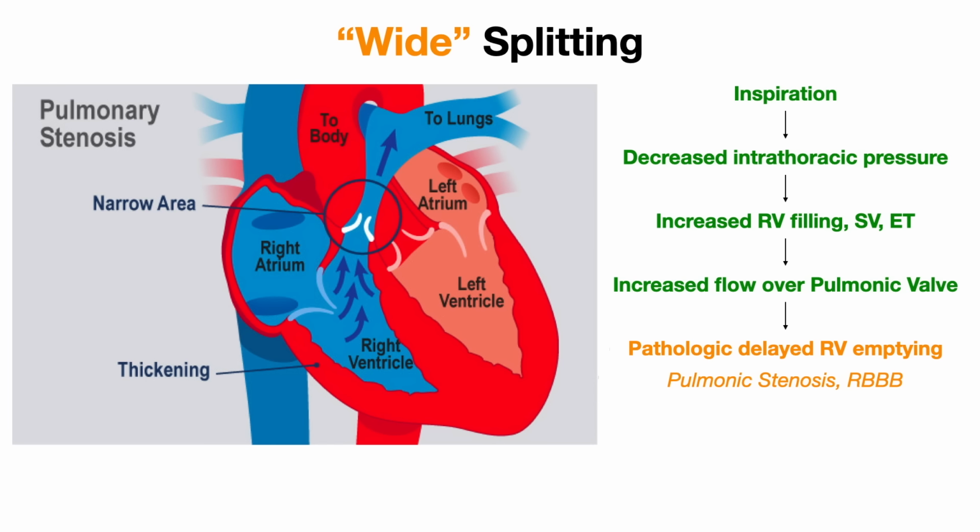So if we go back to our pulmonary stenosis example, under normal circumstances, when you take a deep breath in, you get increased right ventricular filling, stroke volume, and ejection time, increased flow over the pulmonic valve.